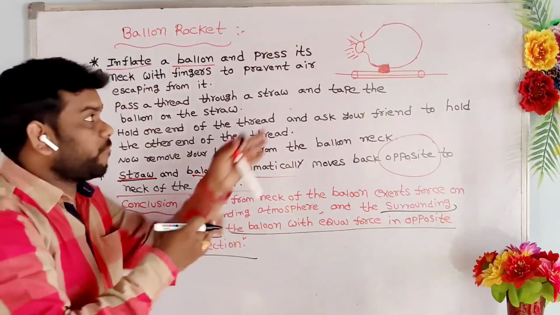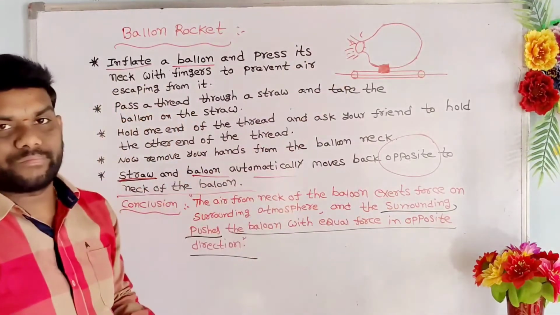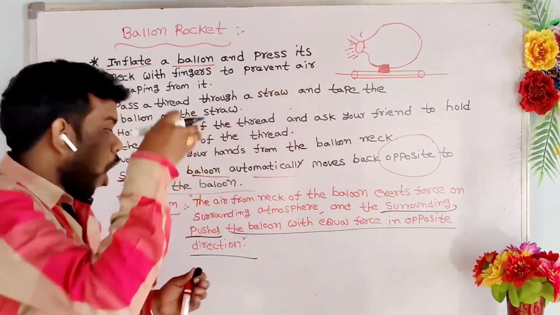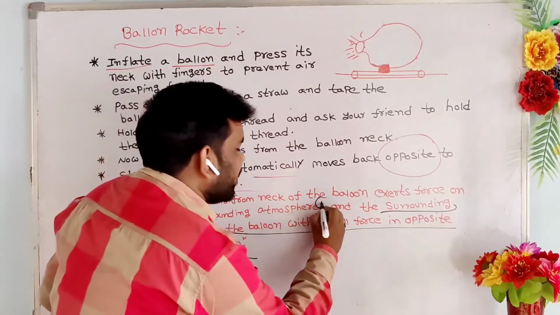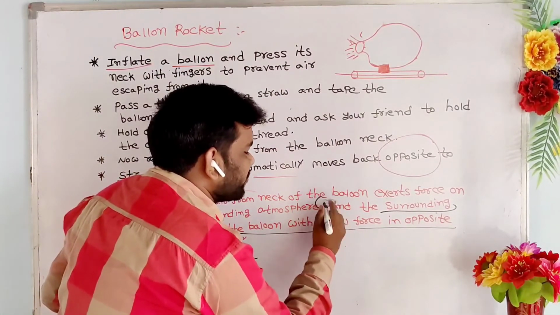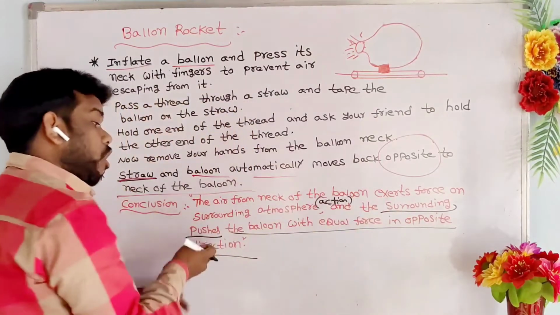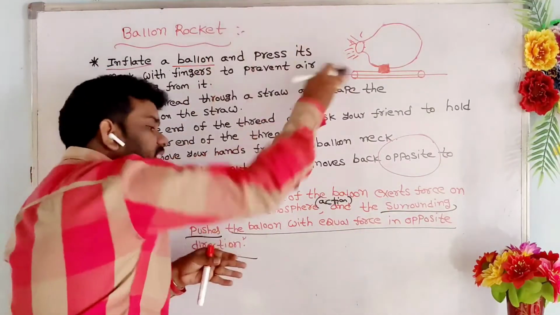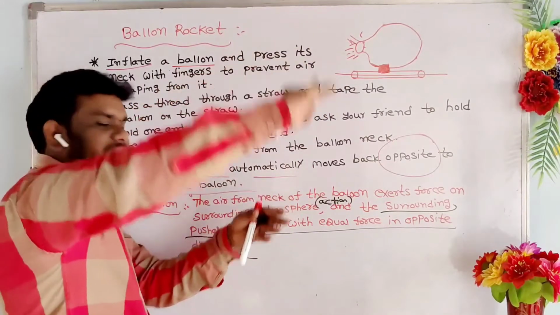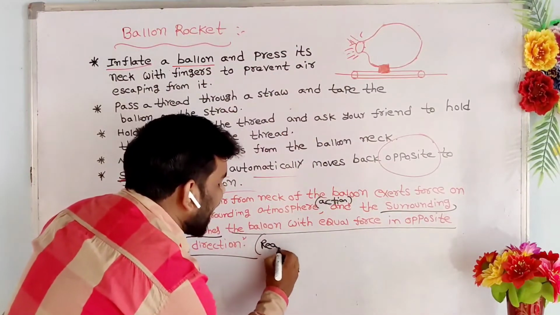Here, the air from the neck of the balloon applying force on the surrounding atmosphere is called action. And the surrounding air pushing this balloon in the opposite direction is called reaction.